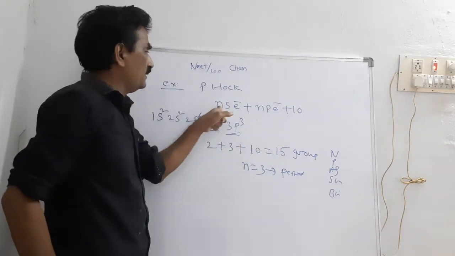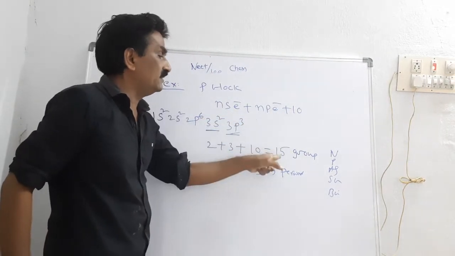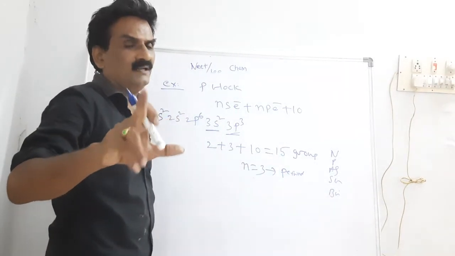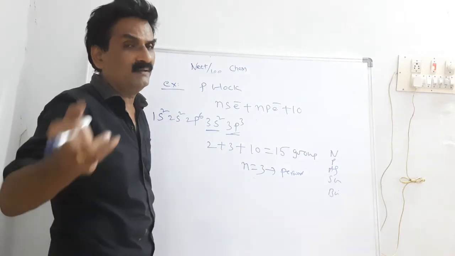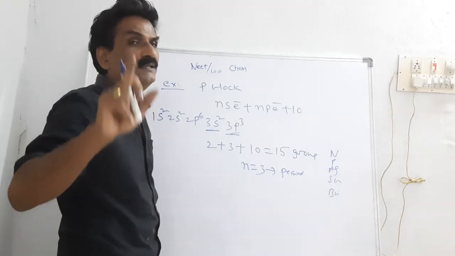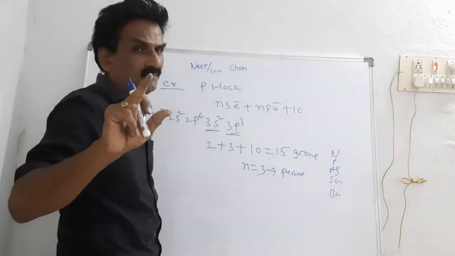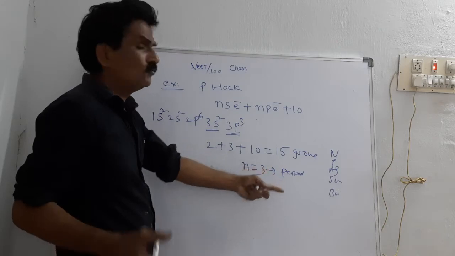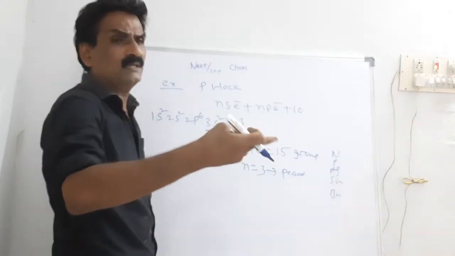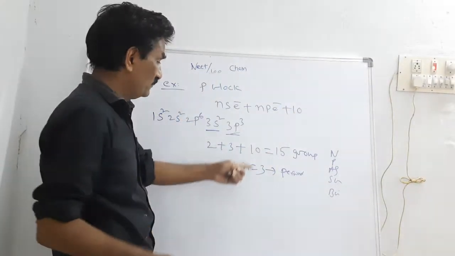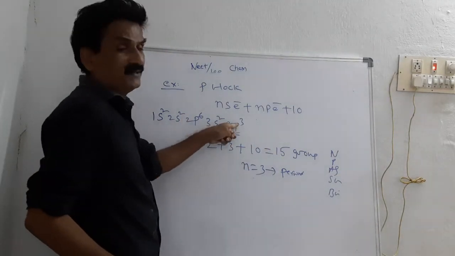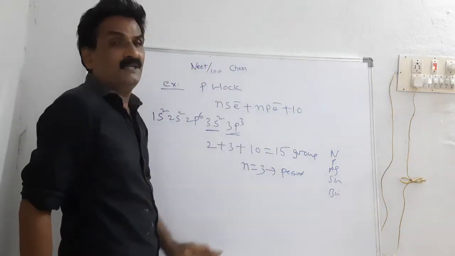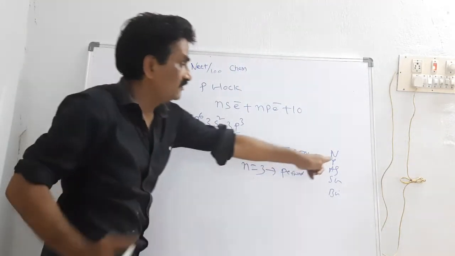The group is ns electrons plus np electrons plus 10, that is the 15th group. I think it is clear. ns plus np plus 10 is the group number, and the maximum principal quantum number n is the period. Third period: sodium, magnesium, aluminum, silicon, phosphorus. This is phosphorus, third period, 15th group, nitrogen, phosphorus, 15th group. Please note.